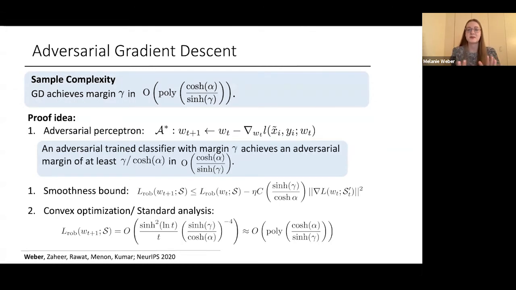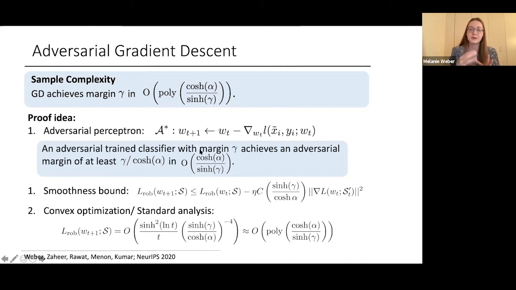Since this is one of the central results of this paper, I want to give a few ideas on the proof, but we'll keep it very brief in the interest of time. So the key step here is to analyze what we call the adversarial perceptron. So a much simplified version of this full gradient descent algorithm, where we essentially take the hyperbolic perceptron and add adversarial perturbation to that, and then analyze both the complexity and also the robust margin that this algorithm achieves.